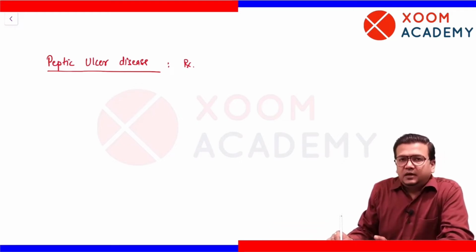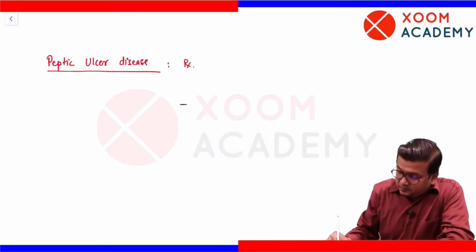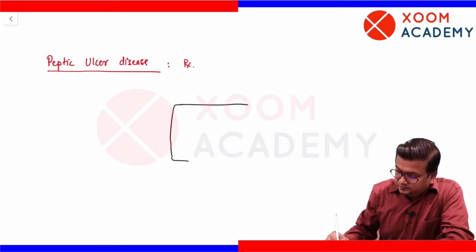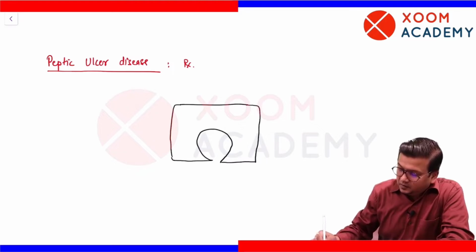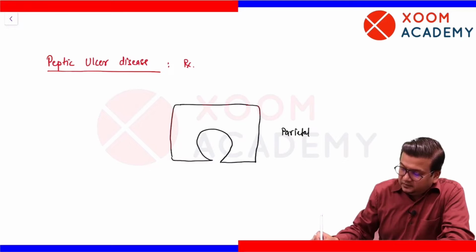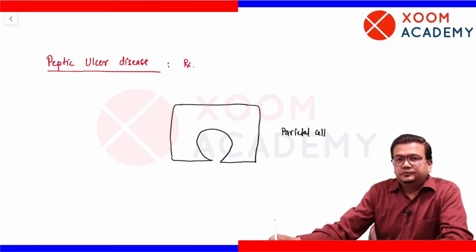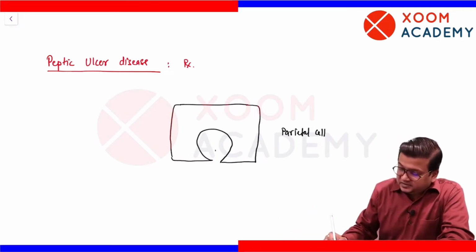So if we draw a very simple diagram of the parietal cell, suppose this is the parietal cell in the stomach. This is secreting acid.